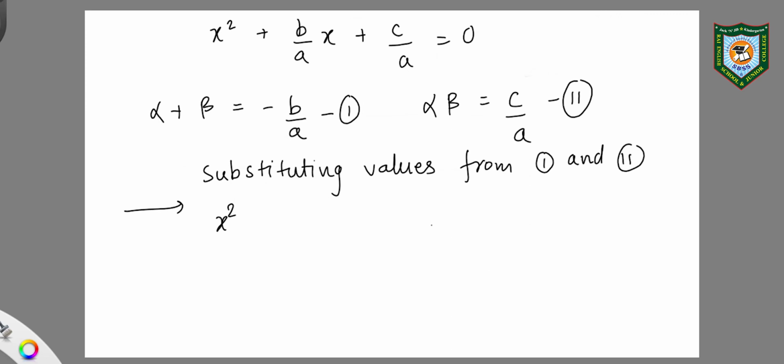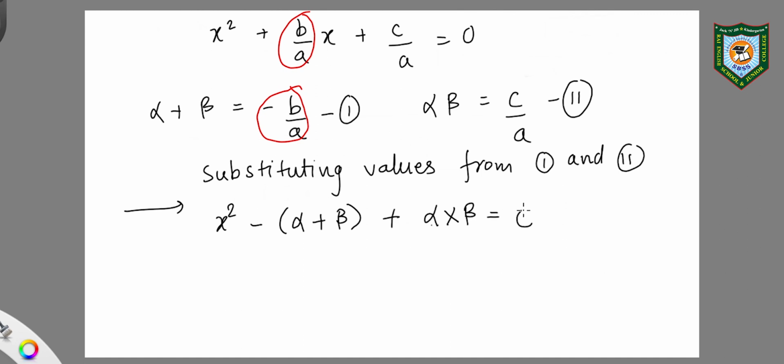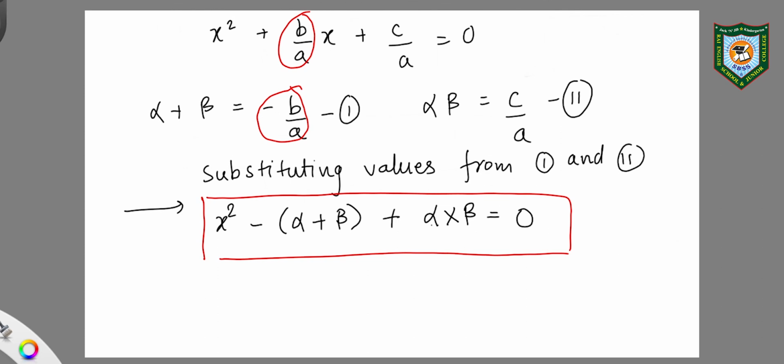Remember, here we have plus b by a, and here I have minus b by a, so when I write alpha plus beta, the sign is going to change. This is minus alpha plus beta plus alpha into beta is equal to 0. So if I know the two roots of a quadratic equation, the quadratic equation can be formed in this way: x square minus alpha plus beta plus alpha into beta.